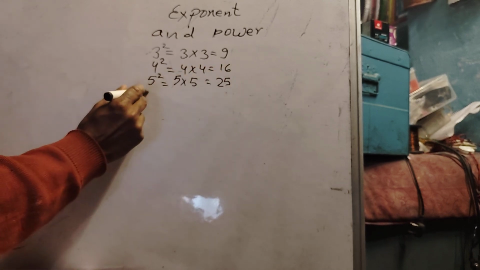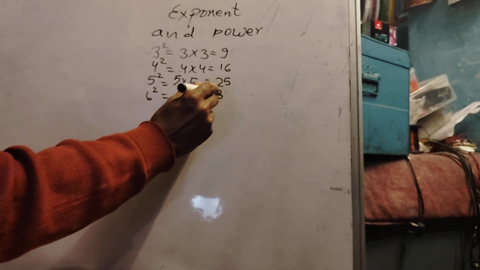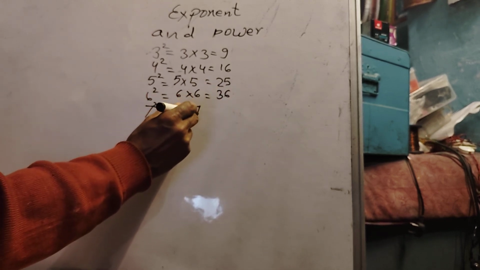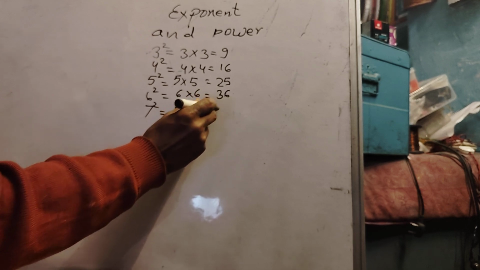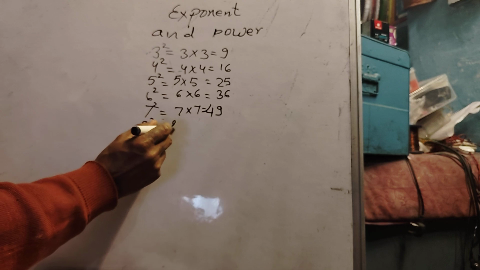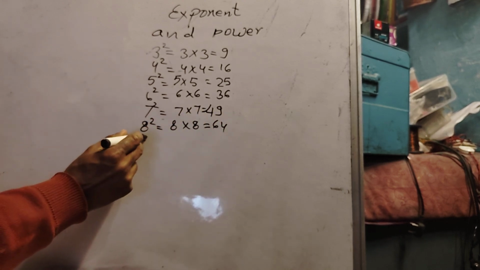Then 6 power 2 is 6 into 6, equal to 36. Then 7 power 2 is 7 into 7, that is 49. Then 8 power 2 is 8 into 8, that is 64. Can I write this?